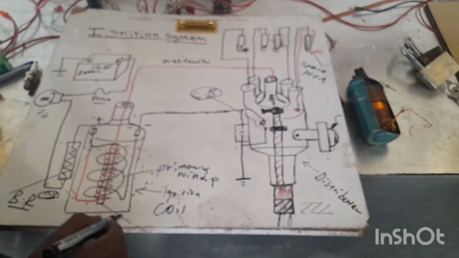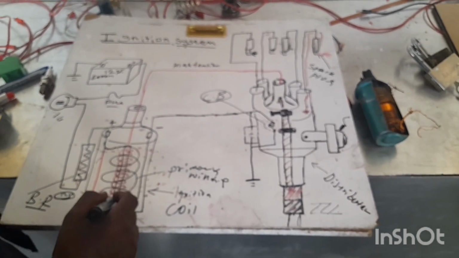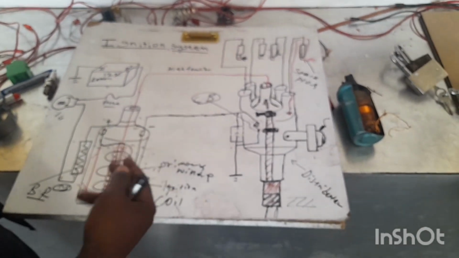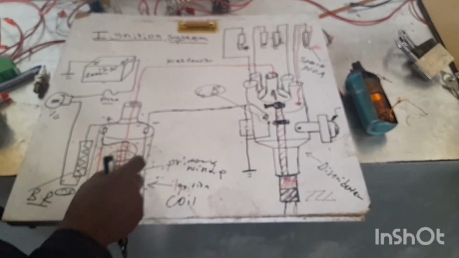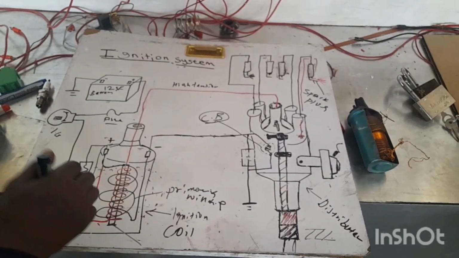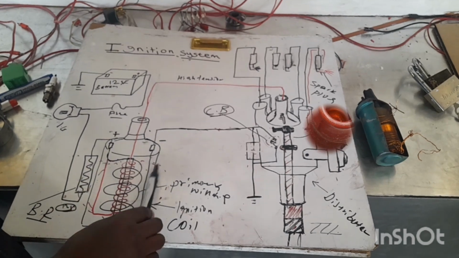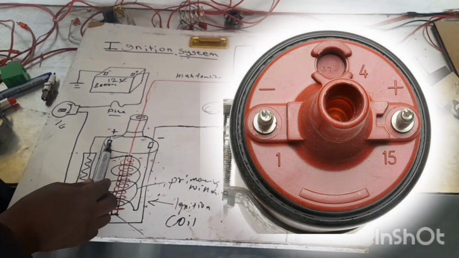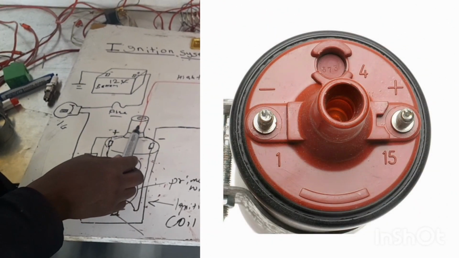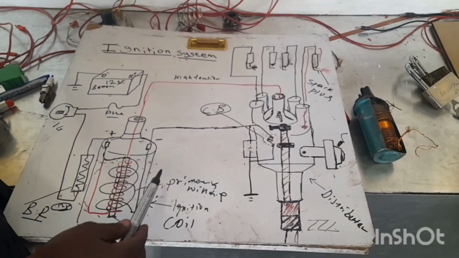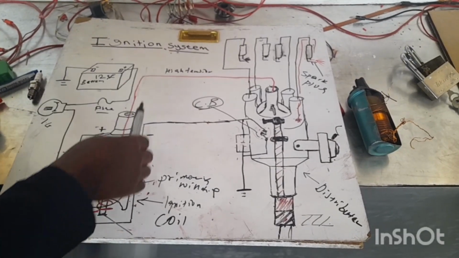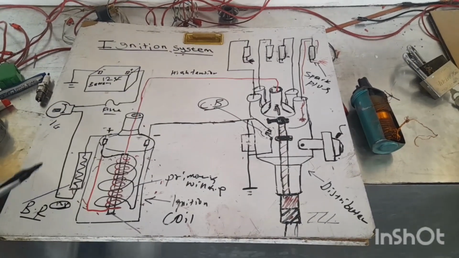This one is a laminated core. When it comes to terminals, the coil has two terminals, the positive and the negative, and also a high tension terminal, where a high amount of voltage passes through.